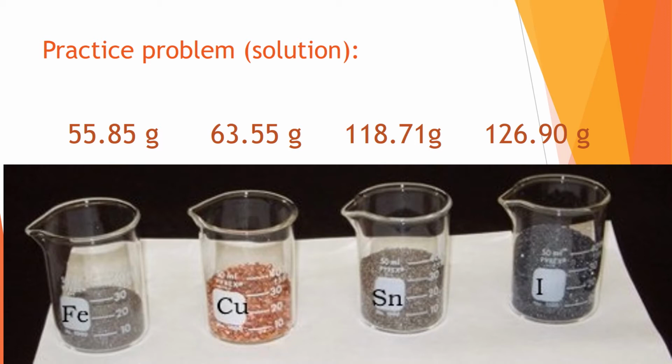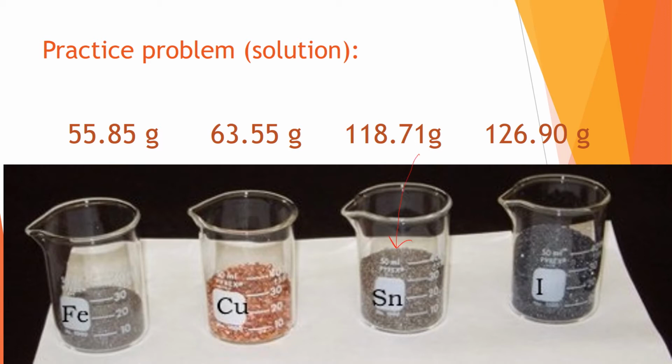Tin is a little heavier, right? Tin is further down in your periodic table, further to the right. It's number 50 on your periodic table. So tin has an atomic molar mass of 118.71 grams per mole. So if I weigh out exactly 118.71 grams, that means I have 1 mole of tin particles inside here.